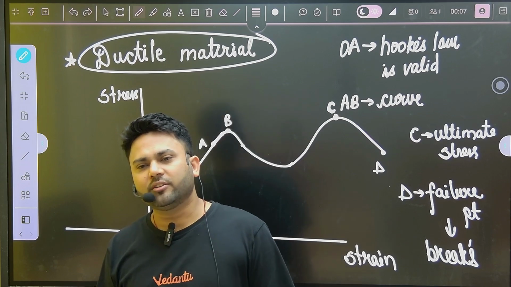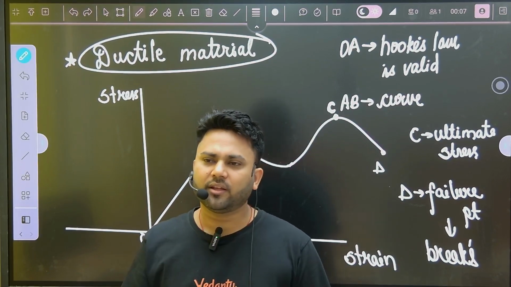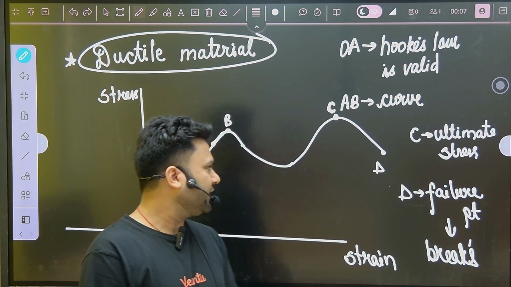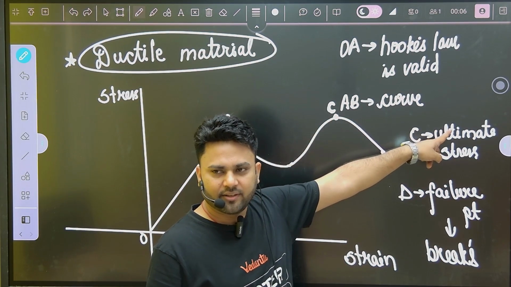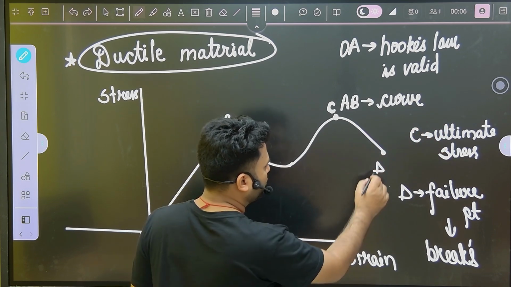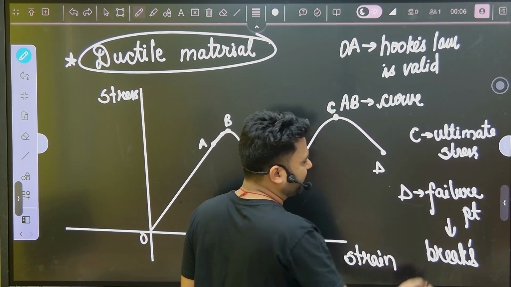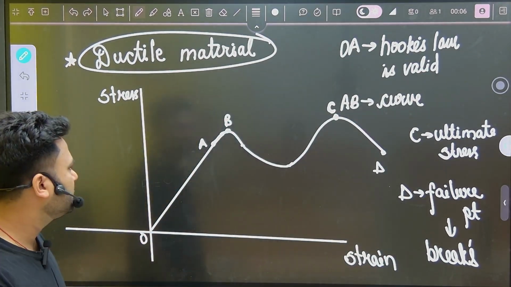Now, when you are unconscious, even if I apply 50 units, less power, you will die. Correct. So that's why this is the ultimate stress. It is the maximum stress that the material will tolerate. And D is the failure point. The failure point is a little bit less, meaning with less power you can break the object.